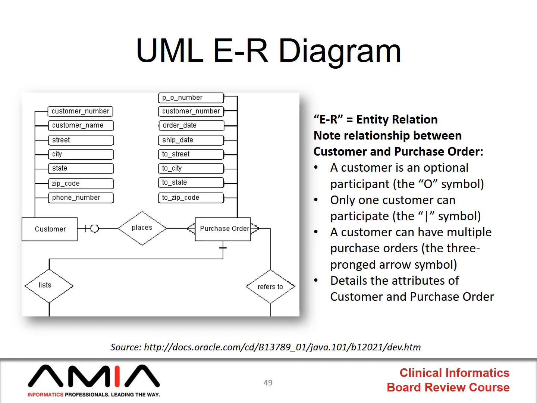They tell you how many customers participate in this activity and how many orders they're allowed to place. So what that 0, 1, and crow's foot symbol represent is that 0 or 1 customers, but not more than 1 customers, can be involved in placing a purchase order. And they can purchase 1 or more orders. That's what the crow's foot represents.